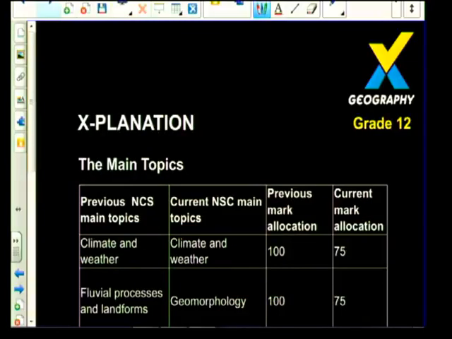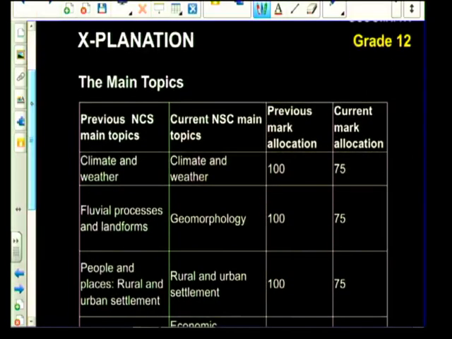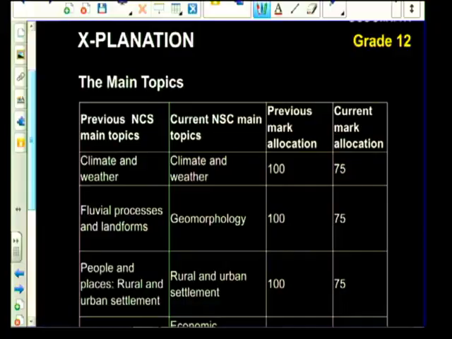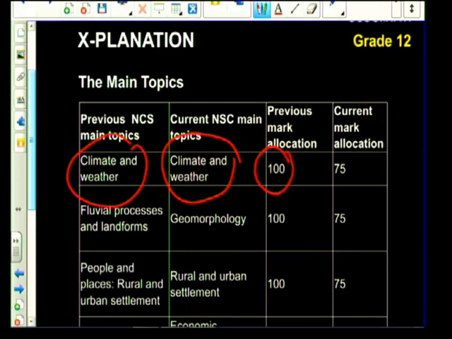I'm sure you know this by now, but just to go over it and show you some of the changes in the main terminology or the sections. Previously it was climate and weather for the first one. We still have it as climate and weather. The difference is that in the previous papers it was 100 marks and now it's 75 marks.